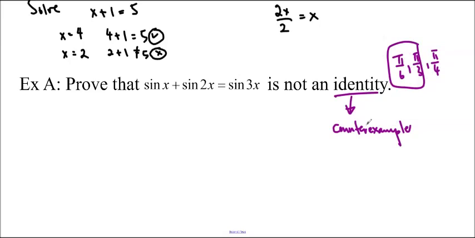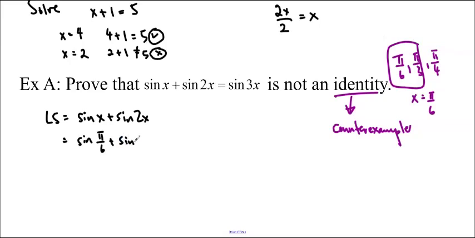Okay, so I'm going to use, let's say x is equal to pi over 6, just to make it easy. So in this case, the left side is equal to sine x plus sine 2x, and you should just write out the original. And so we're going to use x equals pi over 6, so sine pi over 6 plus sine pi over 3, because that's 2 times pi over 6.